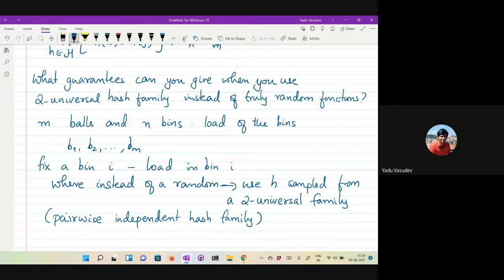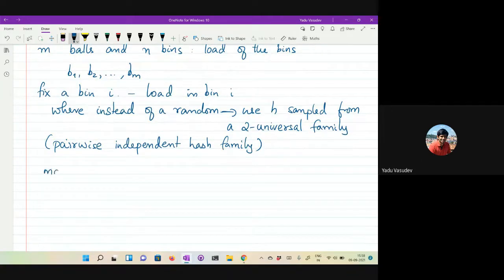Is the question clear? So it's like a hash function. If you want to think about it, you want to map a set with m elements into a set with n elements. You're looking at functions from m to n, and you want to know the number of elements that are getting mapped to a particular i.